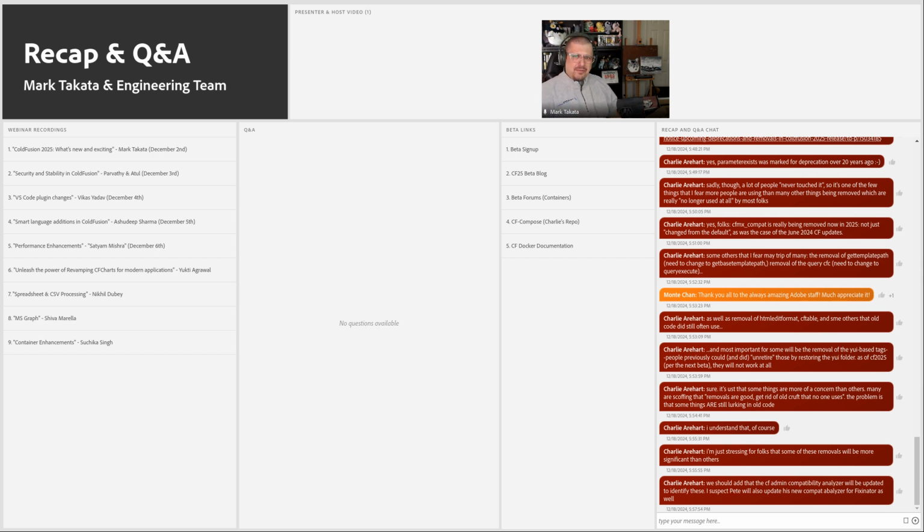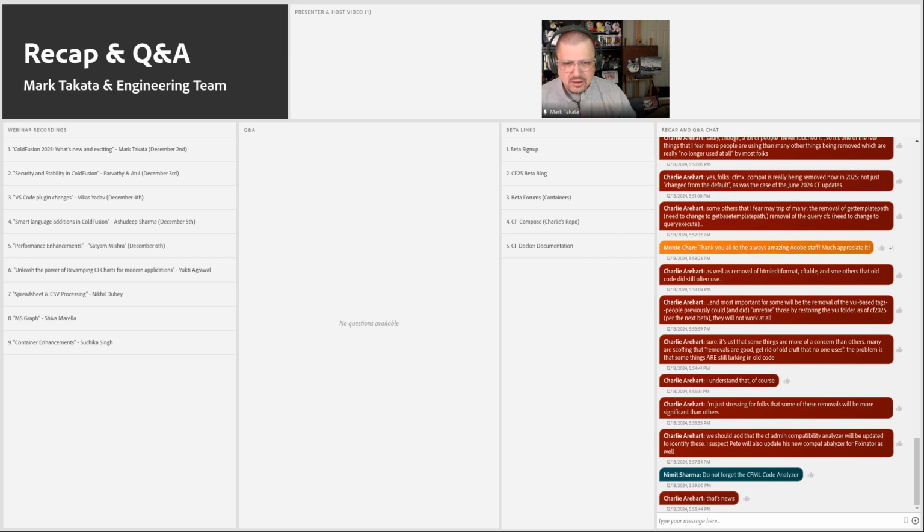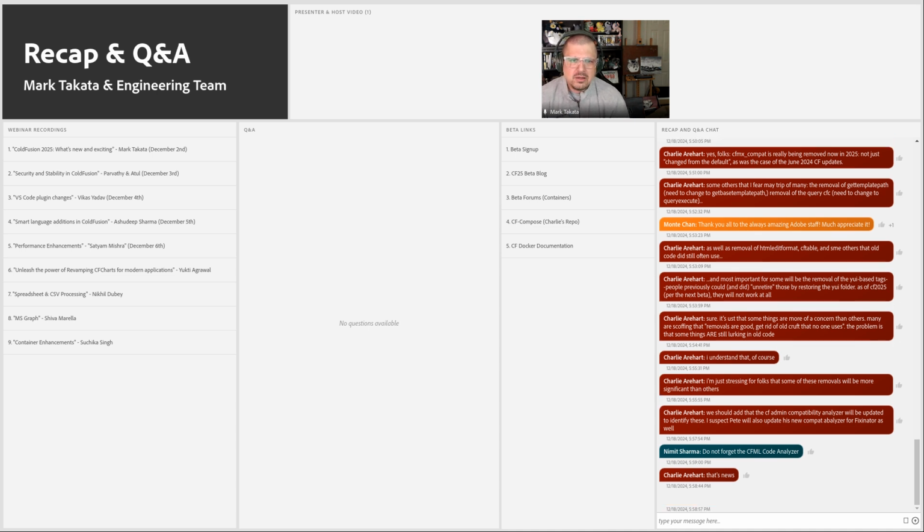I think it's going to be in the VS Code extension. Can someone let me know? Yeah, the CFML code analyzer. Nimit, are we adding the ability to detect some of the old stuff inside of the VS Code plugin?